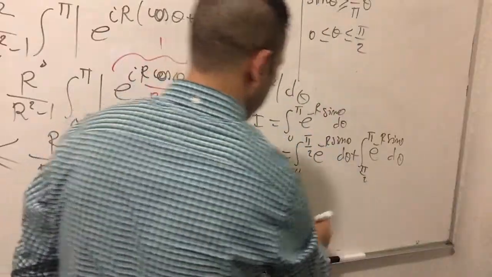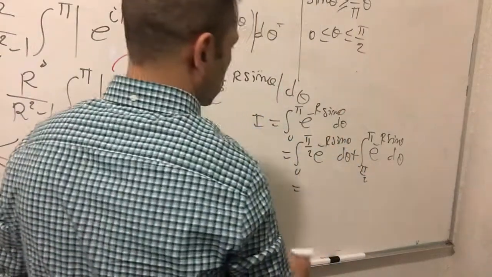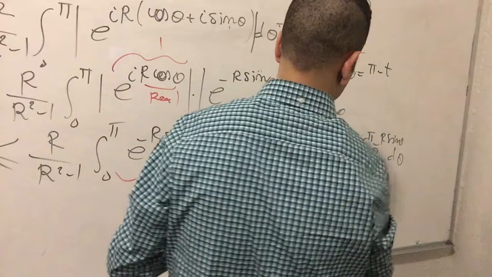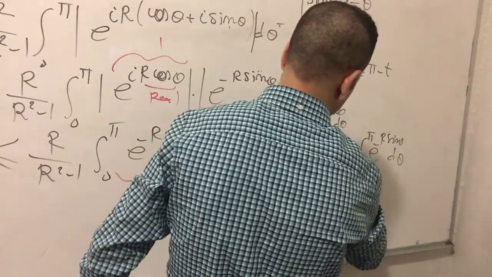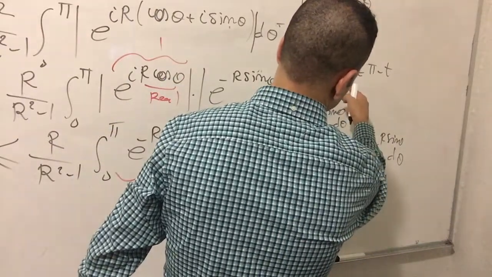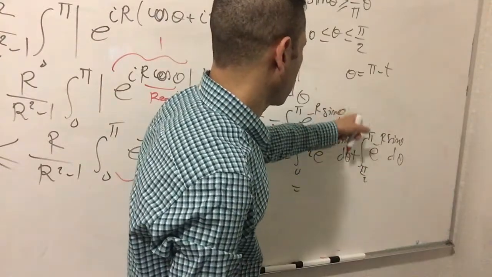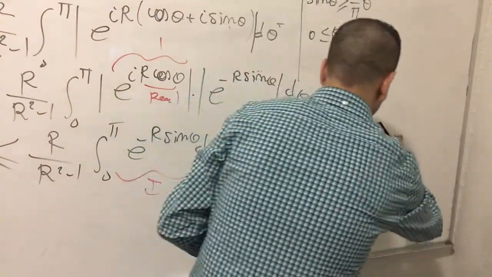I'm going to make a substitution: put theta equal to pi minus t. If you replace theta with pi over 2, t equals pi over 2. If you replace theta with pi, t equals 0.